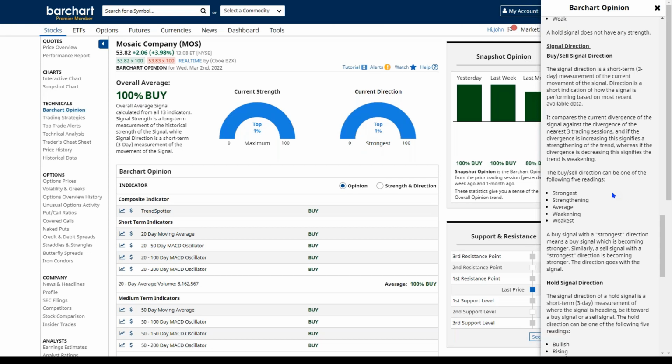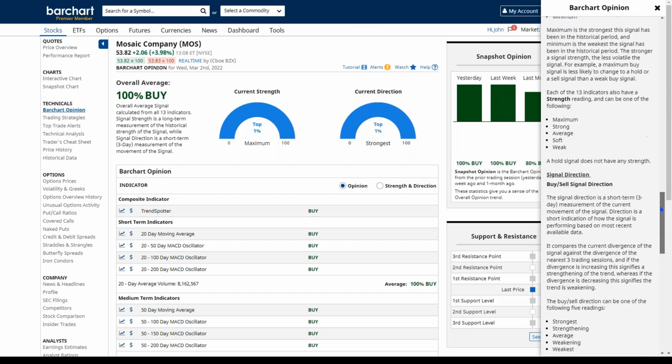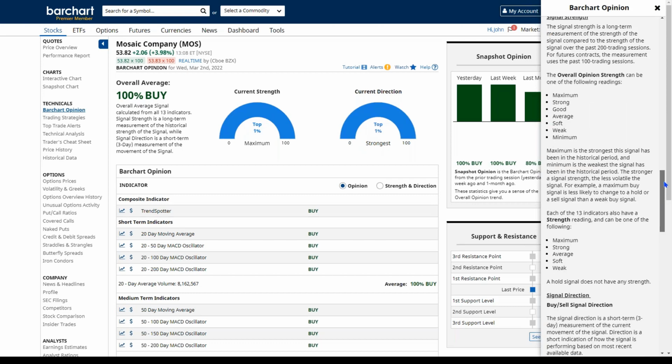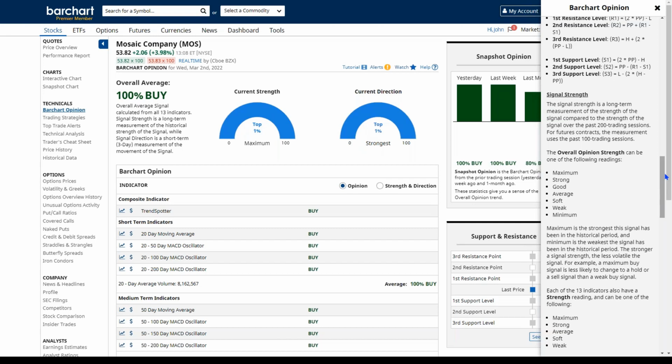So when we look at the signal strength, this is giving us more information over a longer period of time. For equities, it's over a 200-day period, as you can see up here. And for futures, it's 100 days.